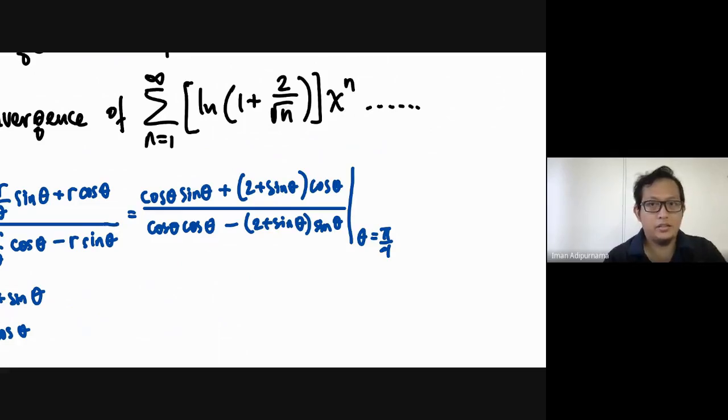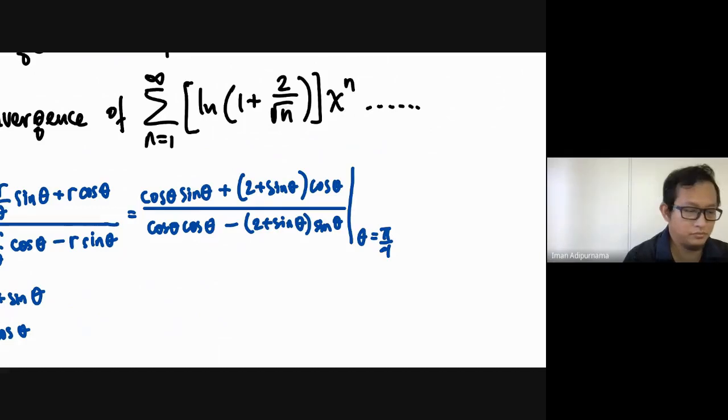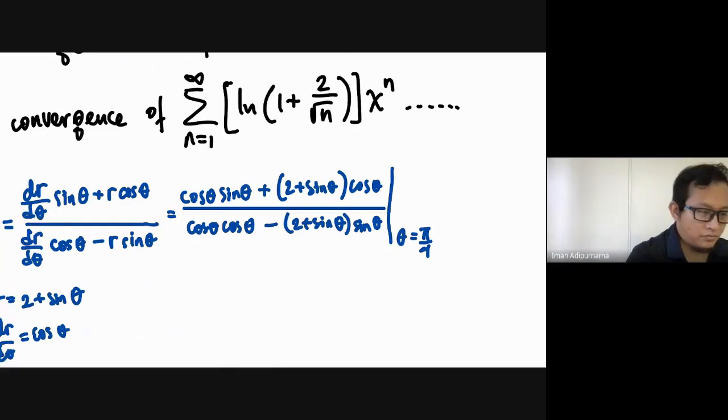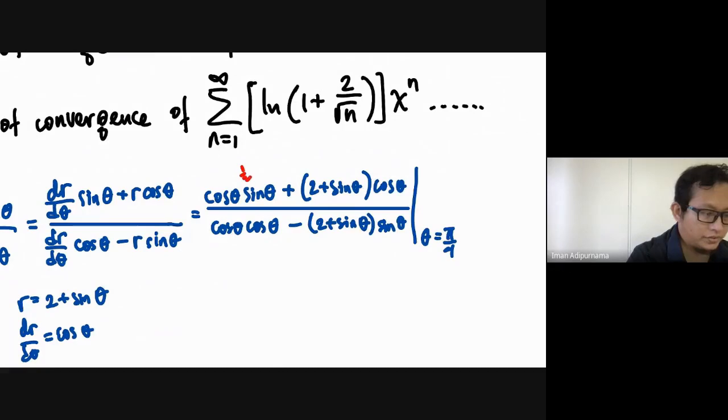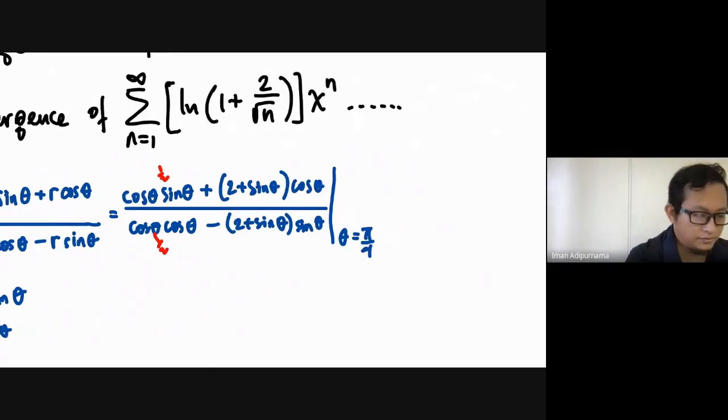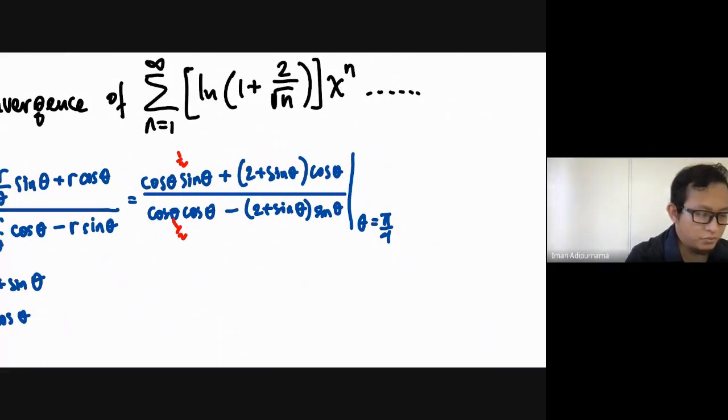And evaluate at theta is pi over 4. So both of these are half, half, the 2 plus, and this also 2 plus.